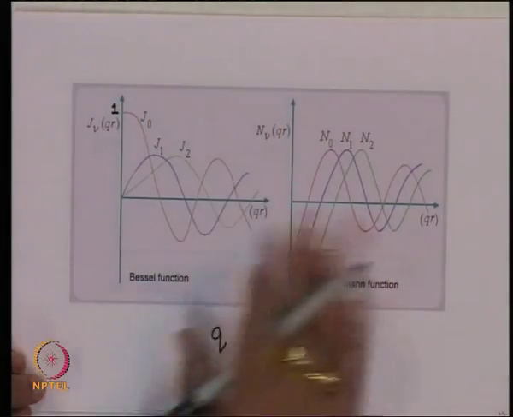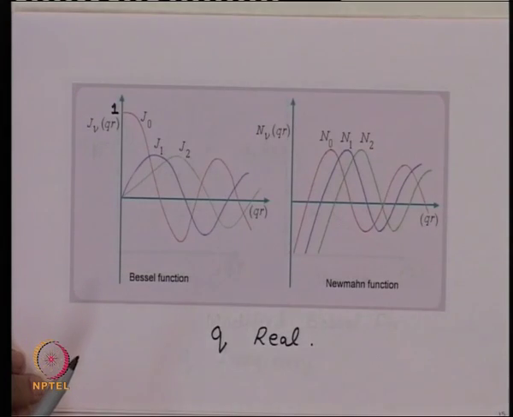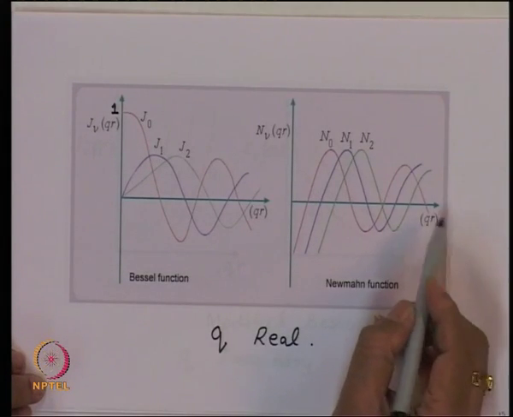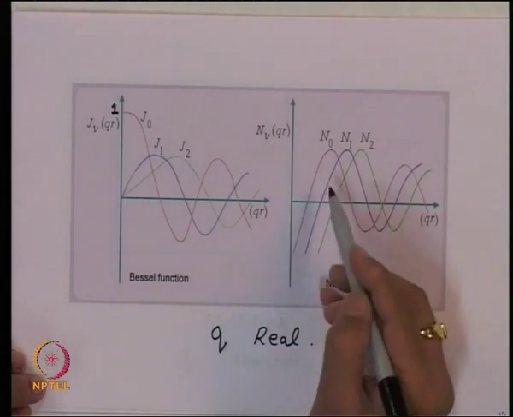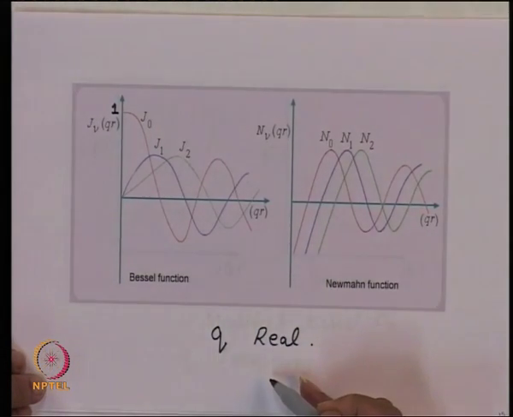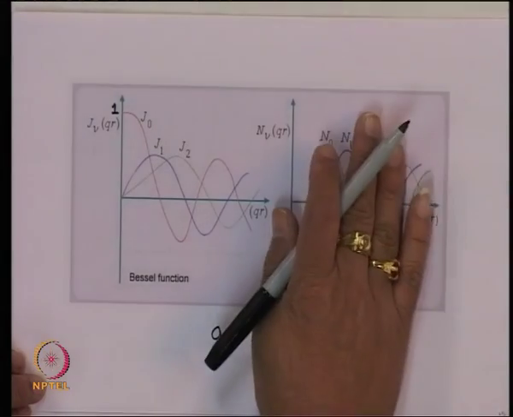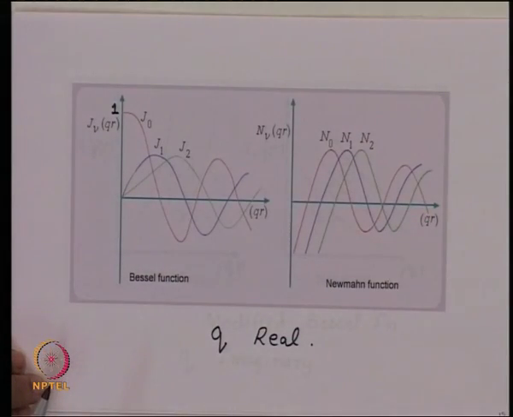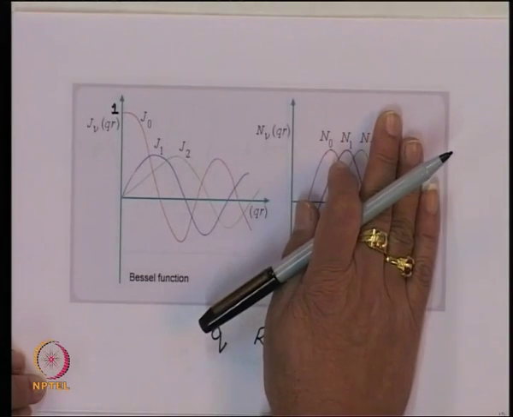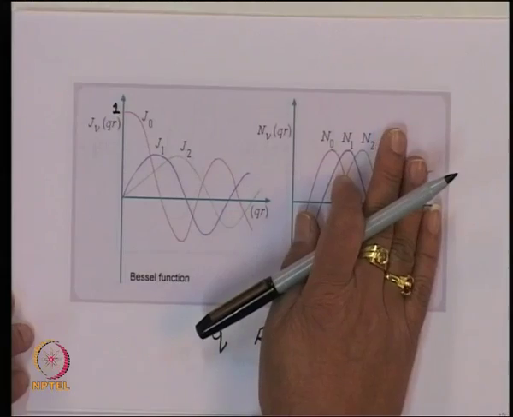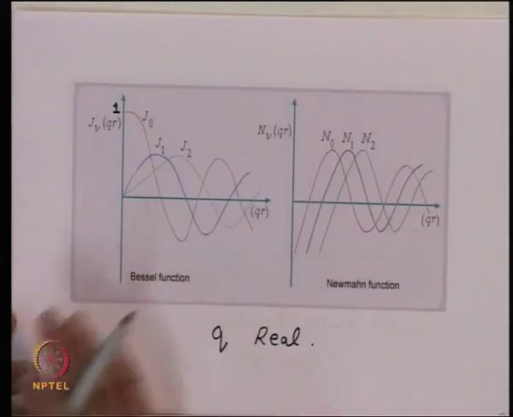Having said that, one can further ask a question that inside the core, of course, both are possible. But since the r equal to 0 point is included inside the core, this function will go to minus infinity at the axis of the optical fiber if this function is chosen. That means this function cannot be a solution to the problem, because this will imply infinite field strength at the axis of the optical fiber.